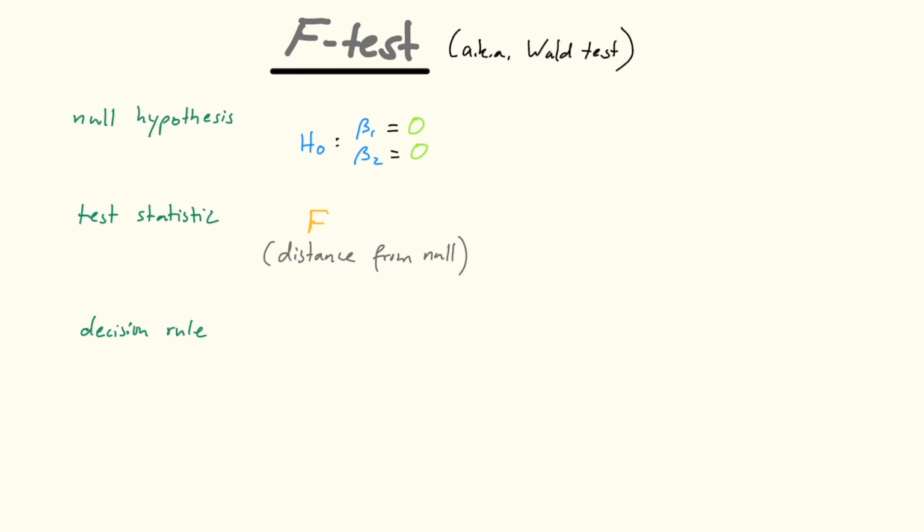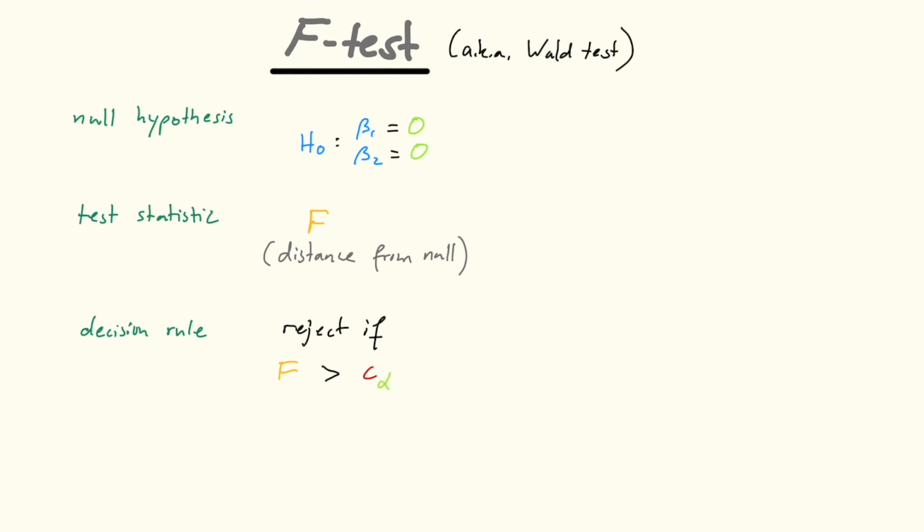We now move on to the decision rule. The F-test will reject if the estimated distance from the null is too large. In other words, we reject if F is larger than some critical value C alpha.